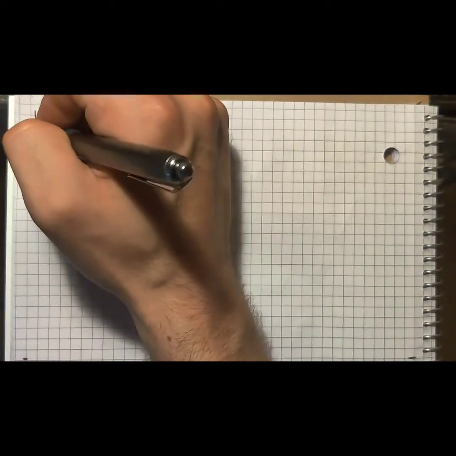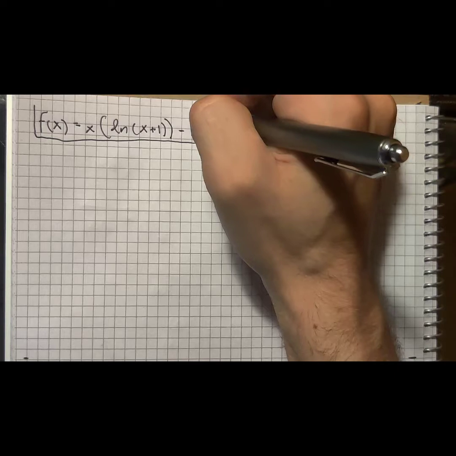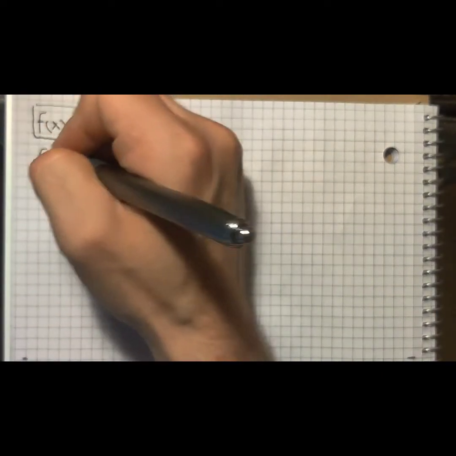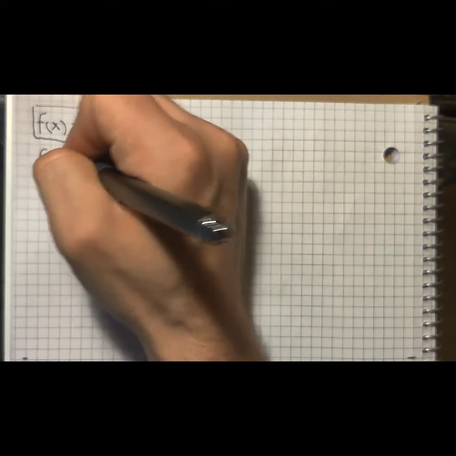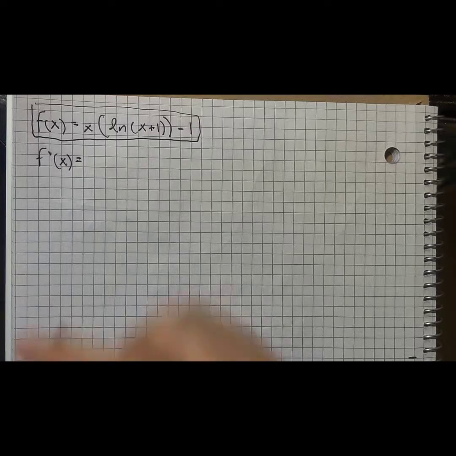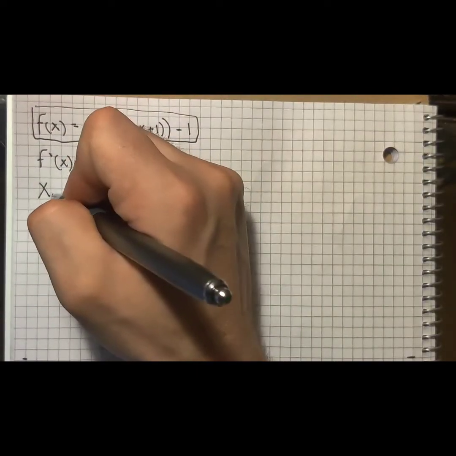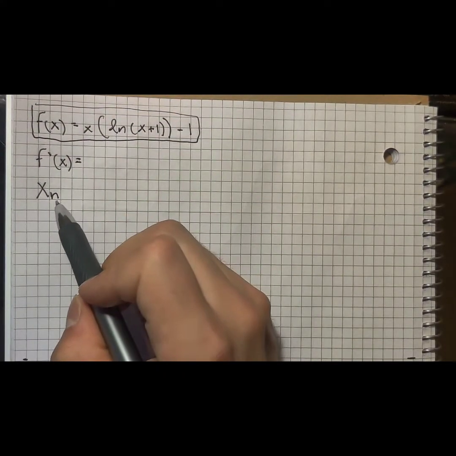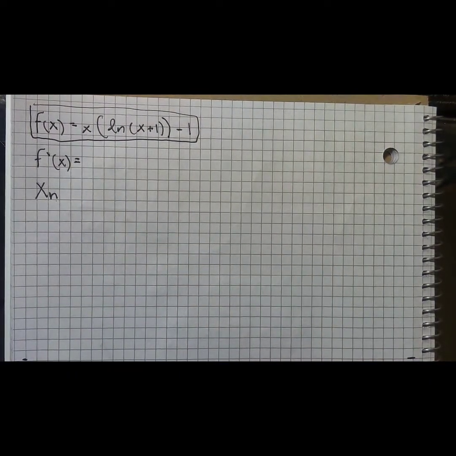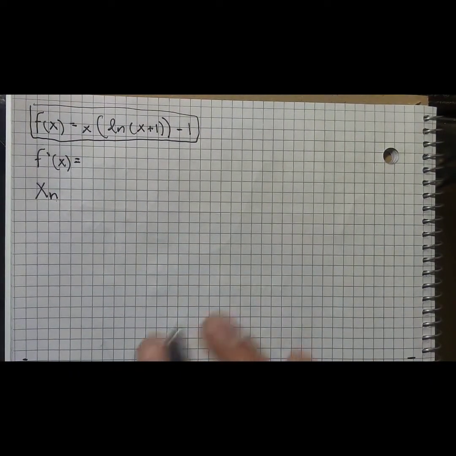We're going to need this initial equation, the derivative of this equation, and then we're going to need a guess. This is our starting point, the guess that we think is as close as we're going to get to what we think that root is.